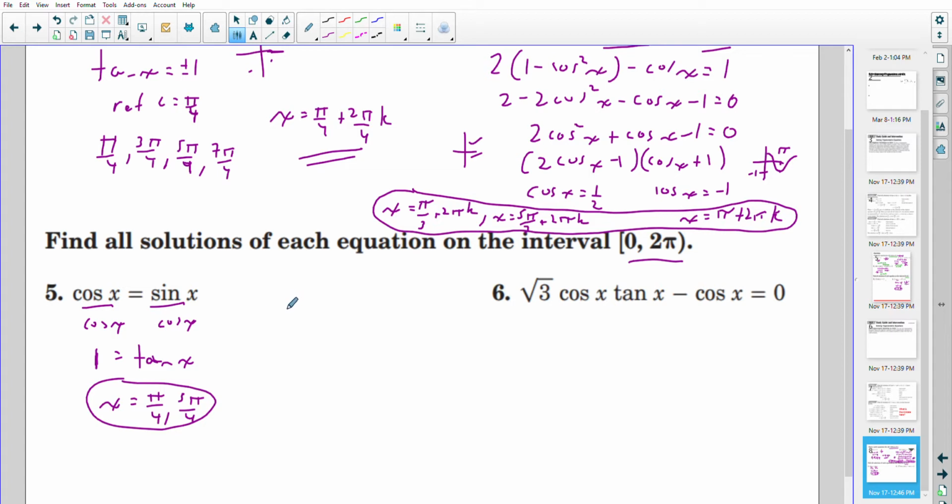Sometimes you have to square both sides. If this were like plus 1, you'd have to square both sides. But when you do square both sides, you have to check your answers because it can produce extra answers called erroneous solutions.